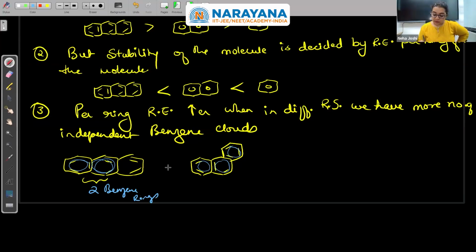So I'm saying this will have more resonance energy, though the number of pi electrons are same. But here I am having independent pi electrons generating a resonance of benzene cloud. Is that clear? That is how you will calculate per ring resonance energy.